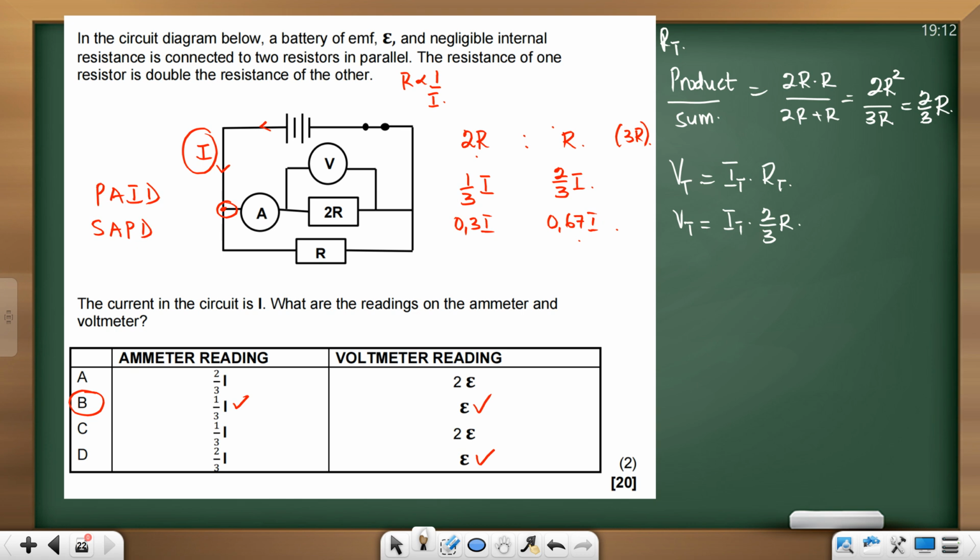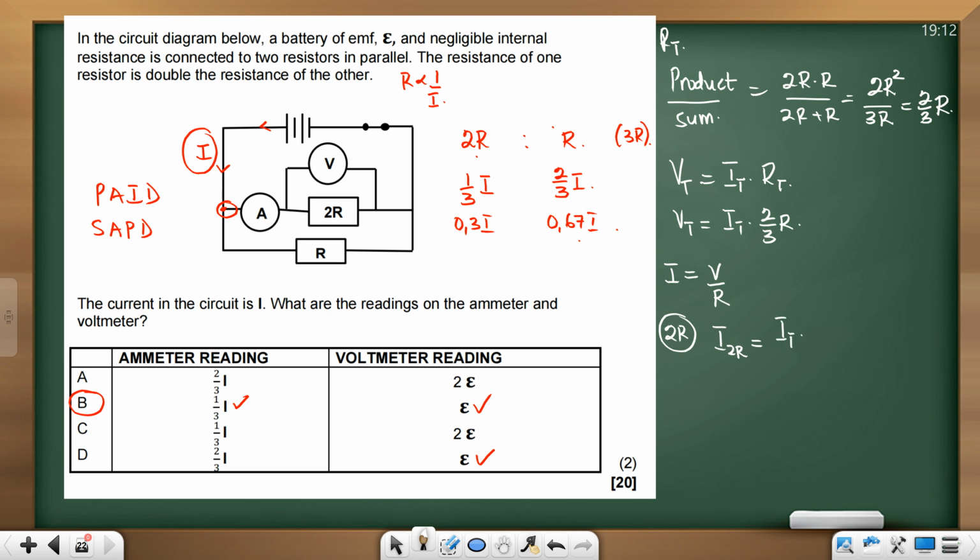Okay. Now, how do I get the current? Usually we'll say current is V over R. The current in the 2R, let's deal with the 2R. We don't know the current in the 2R. What is my voltage?